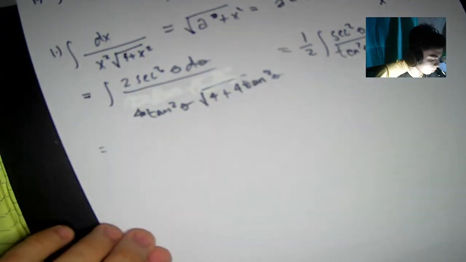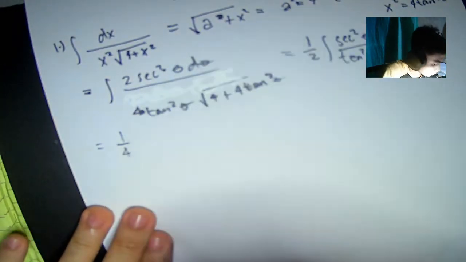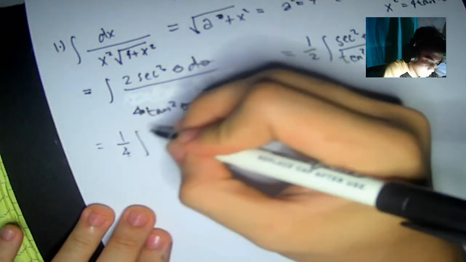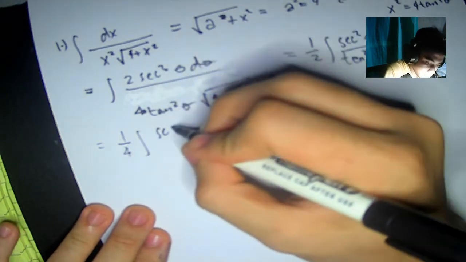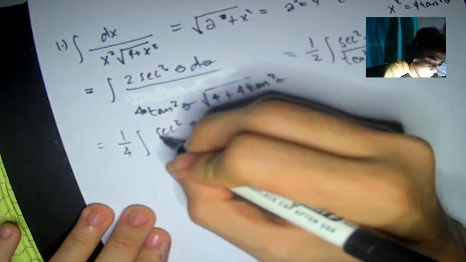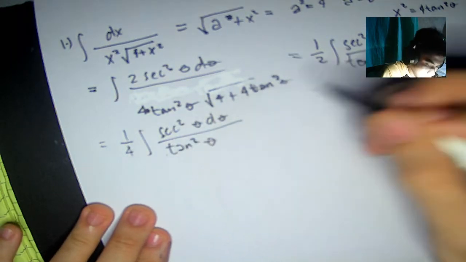So what we'll have here is 1/4 secant squared theta d theta and tangent squared theta.